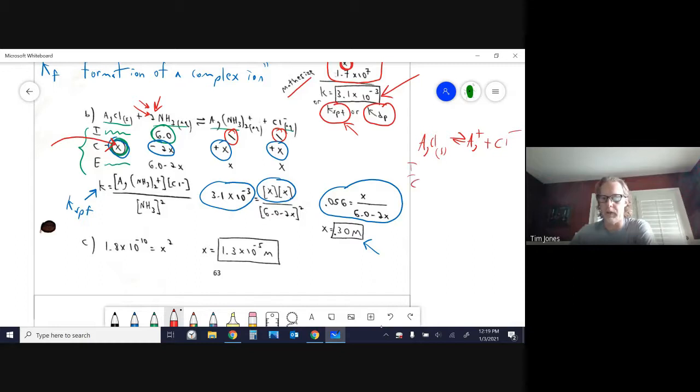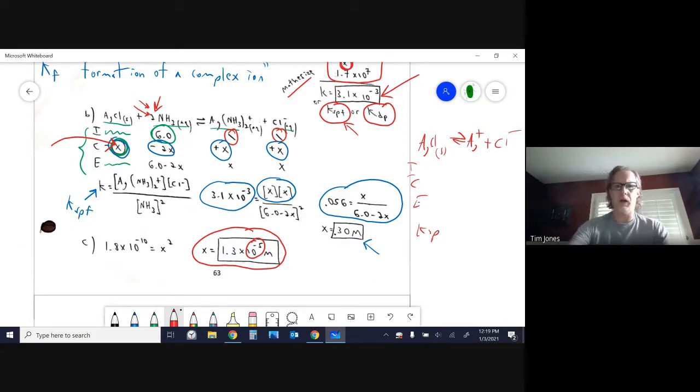Do a nice chart like usual, do a KSP expression, and go on your way. And in this case, you get that. Let's focus on the 10 to the negative 5. That is a lot less stuff dissolved compared to the 0.30. This shows that it works.